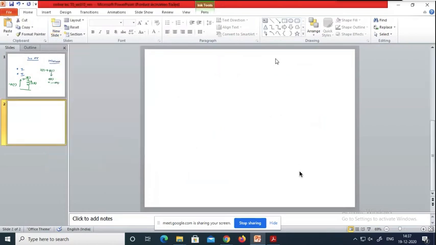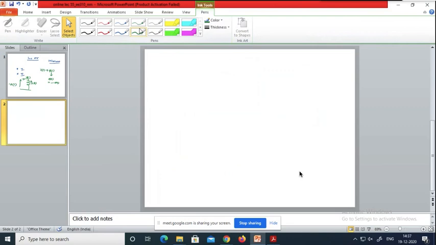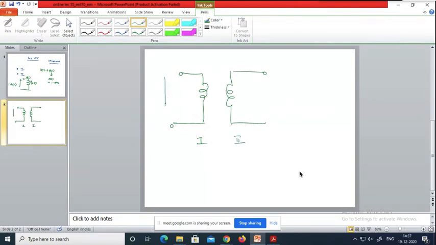Now, if I have another coil in the vicinity of the first coil, here coil number 1 and this is coil number 2. I connect a supply voltage V of t, therefore a current I of t flows. Therefore the flux phi of t is generated, and it links coil number 1, like this.